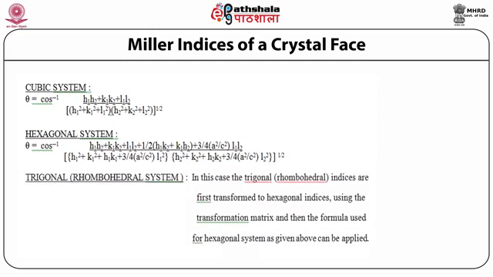For trigonal rhombohedral system, in this case, the trigonal rhombohedral indices are first transformed to hexagonal indices using the transformation matrix, and then the formula used for hexagonal system as given above can be applied.